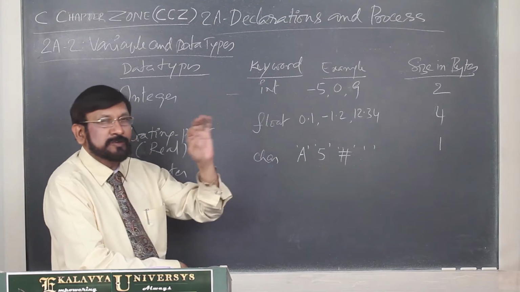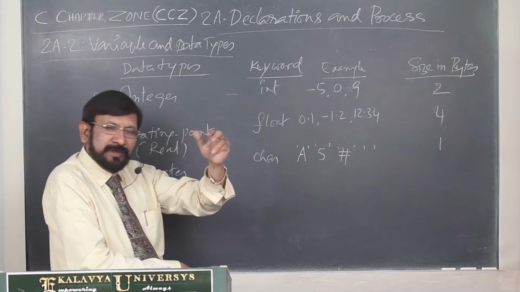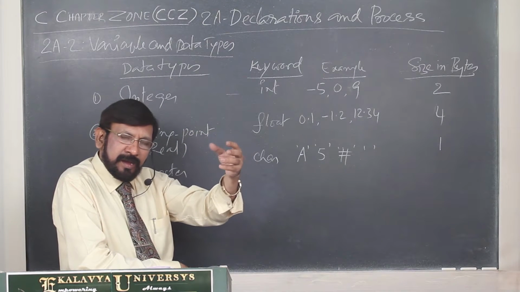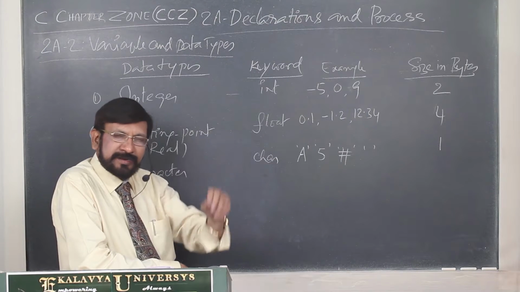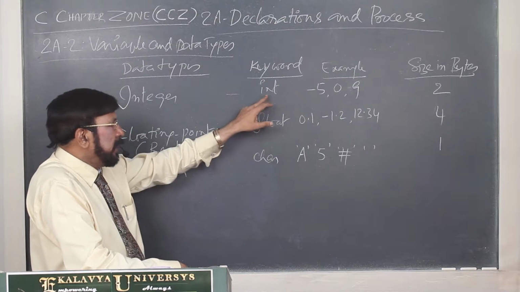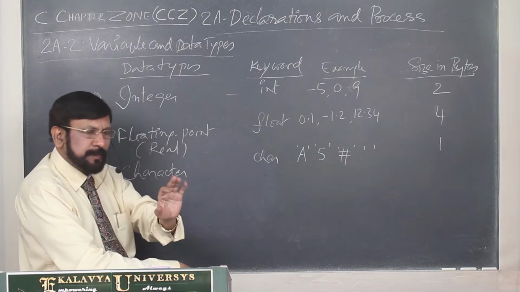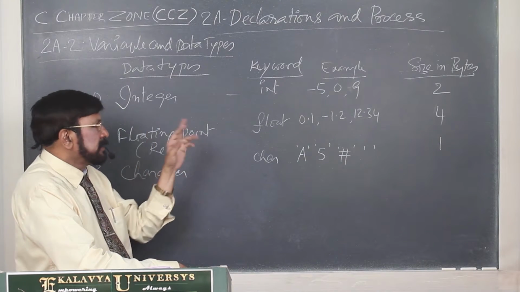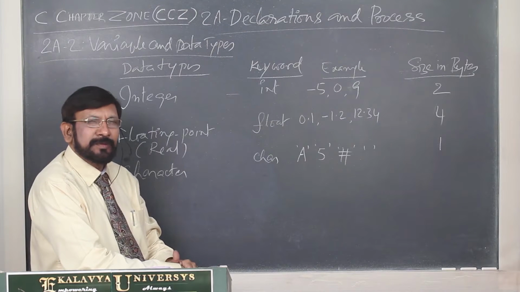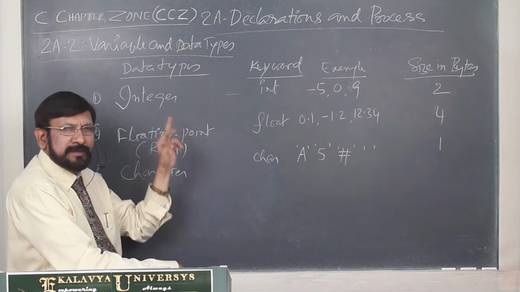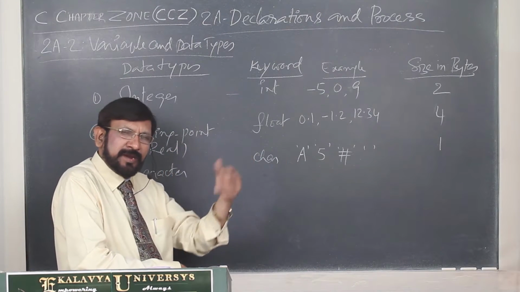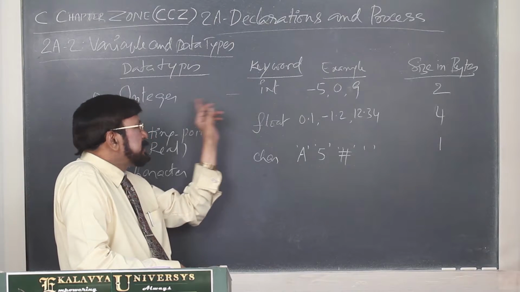These are called keywords. That means the language developers coined certain terms, and they have a specific meaning and purpose. We must use them for that purpose. If you want to write integer, you must write int only. You should not write the full word, because your C compiler cannot recognize that.